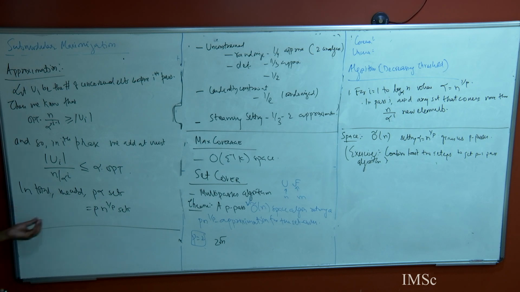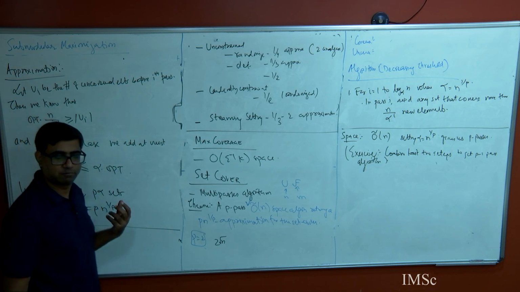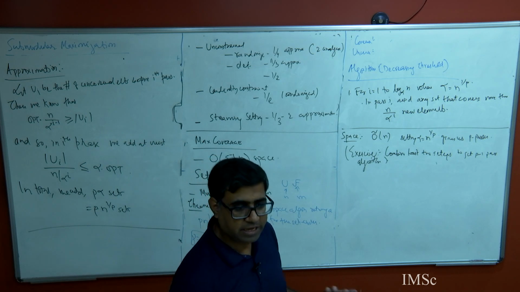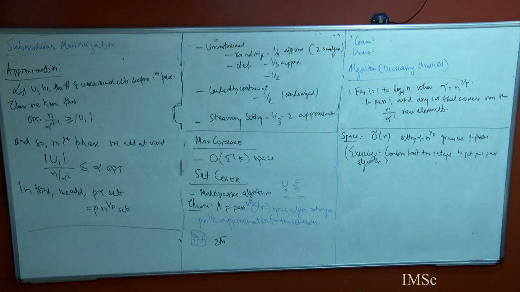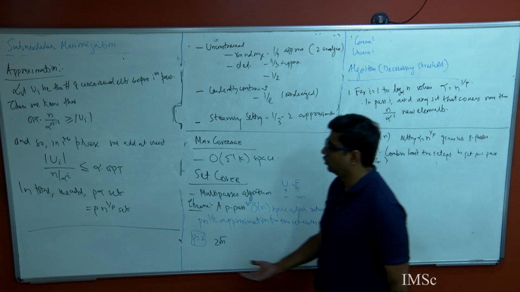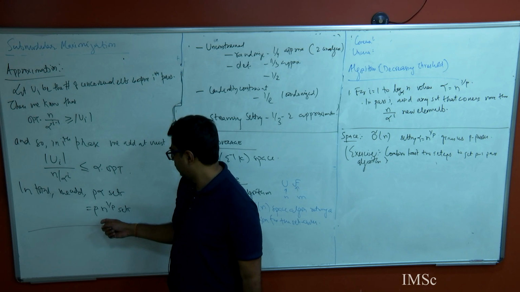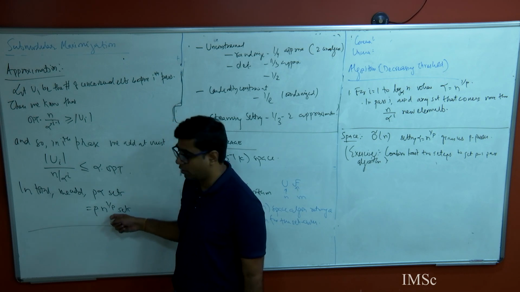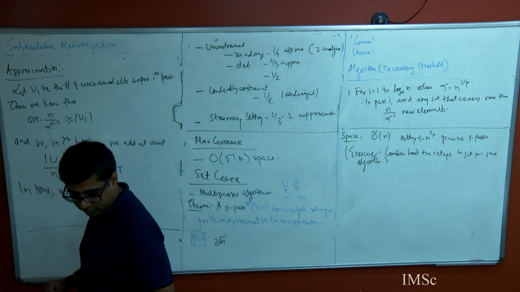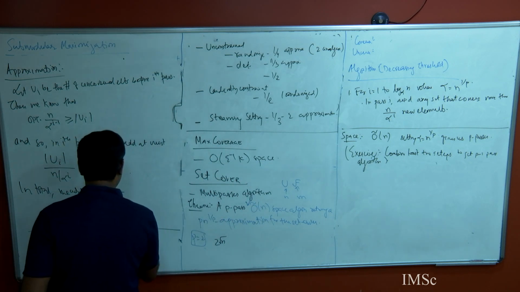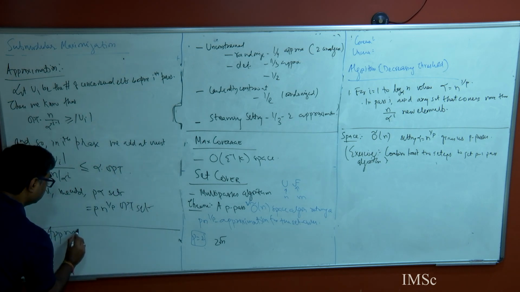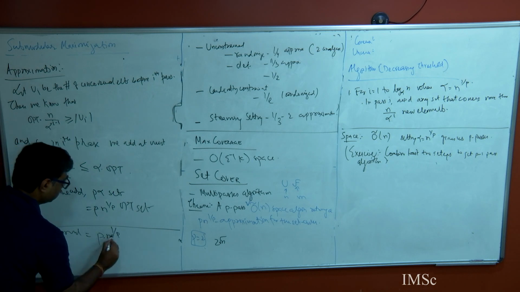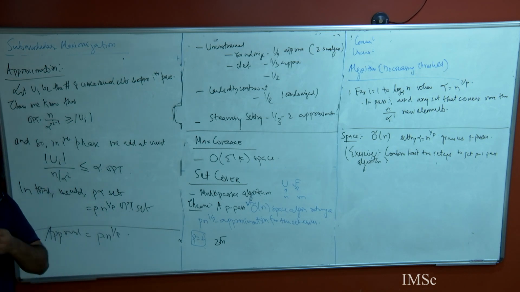So I have shown you an upper bound of alpha times opt in each round. If there are p passes, you are adding in total p times alpha times opt sets. So the approximation ratio is p times n to the power 1/p. That's it. Okay, so let's stop here.